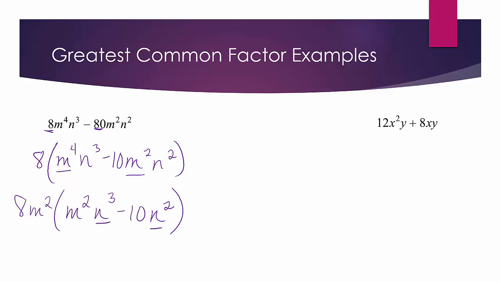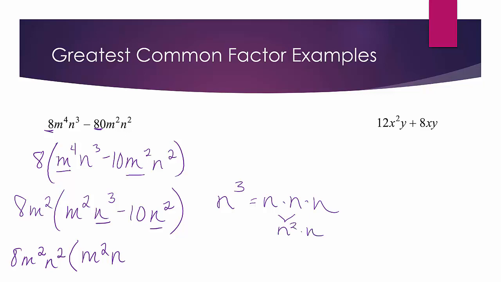So we've got 8m squared n squared times m squared n. We have one n left over when we pull the n squared out of it, because remember, n to the 3rd is n times n times n. So this could be just n squared times n. So I can factor out the n squared and leave that one n. Minus 10. And we're done.